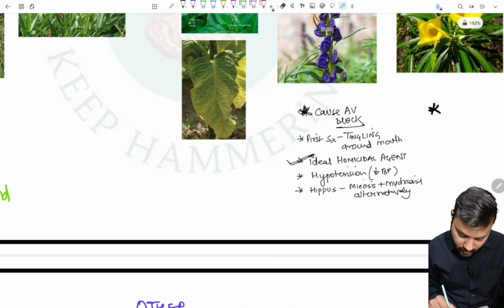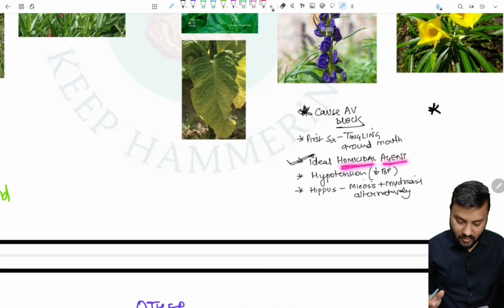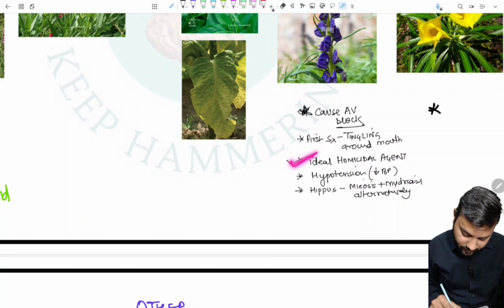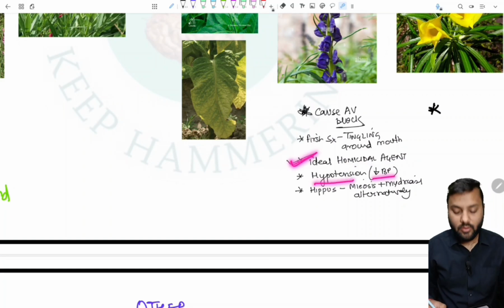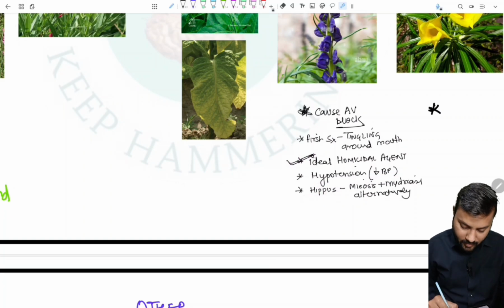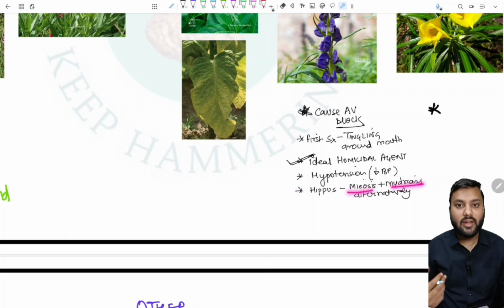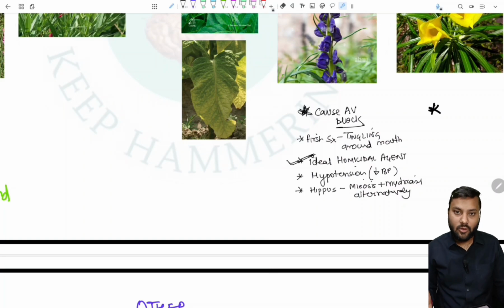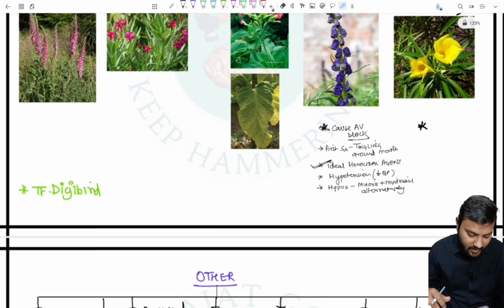It is a homicidal agent because the taste of aconite is a little sweet, and it will lead to hypotension, or a decrease in BP. The person who has aconite poisoning will present with miosis and mydriasis, which will occur alternately. Firstly miosis occurs, then mydriasis, then again miosis, like this.